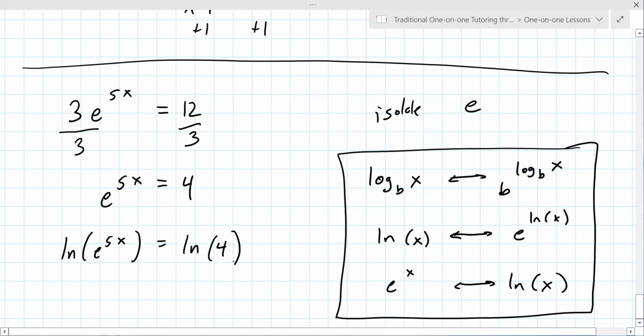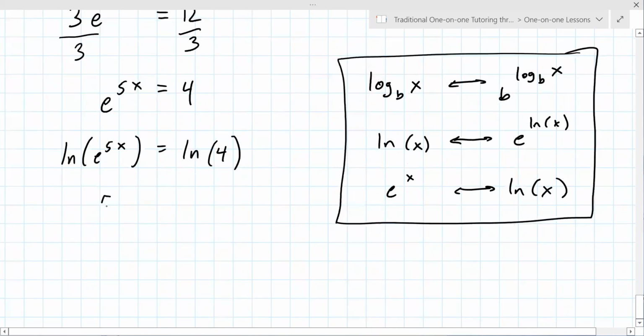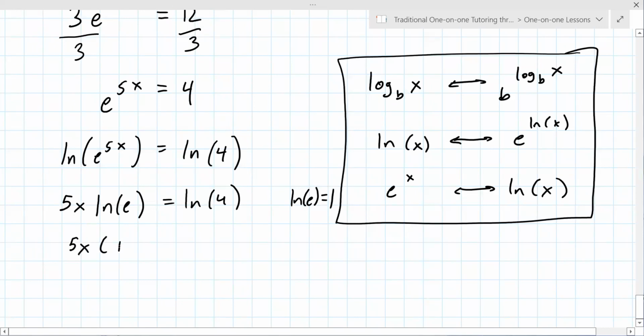Right. And so then the ln E goes away. Now there's even an intermediate step here, and I'm reminded of that because some instructions like the property is that the 5x comes out in front. This is truly everything in here, and then somewhere you'd want to say that the natural log of E is 1, so it becomes 5x times 1.